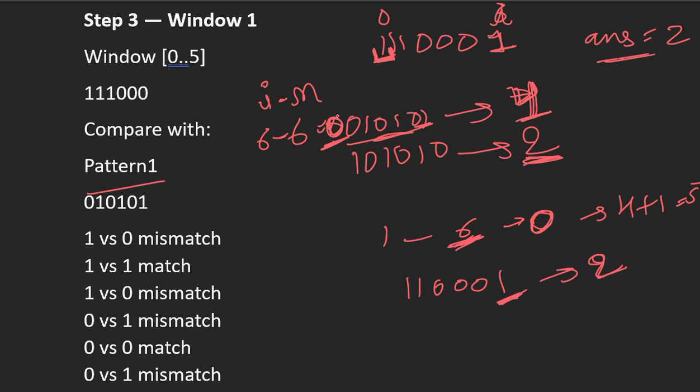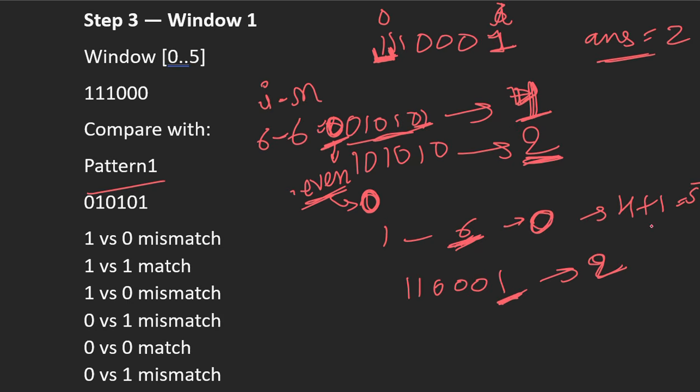So 0 at the index number, so it is 0. 0 means even. So in pattern 1, if the index is even, then the expected character should be 0. But if you see the original character, it is 1. So it was a mismatch earlier, right? But that mismatch has been removed from our current window.